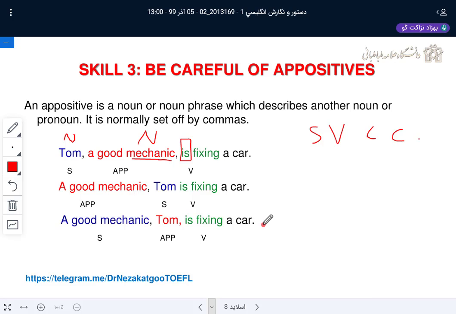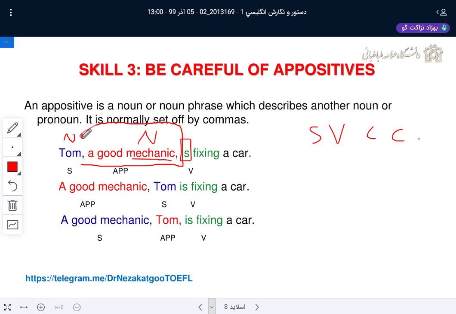There are some rules we will learn later. Anyway, here Tom is the subject. Remember, we never ever set off the subject from the verb. Okay, but here we have an intervening element.